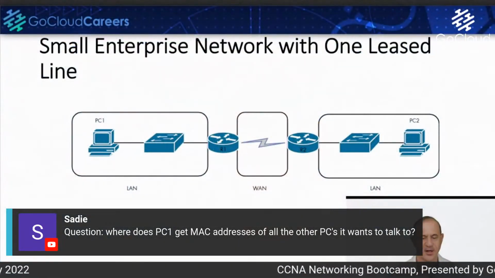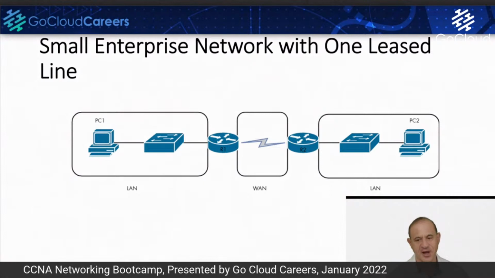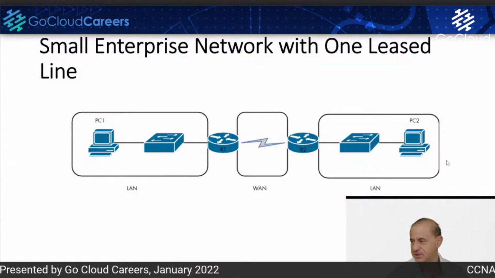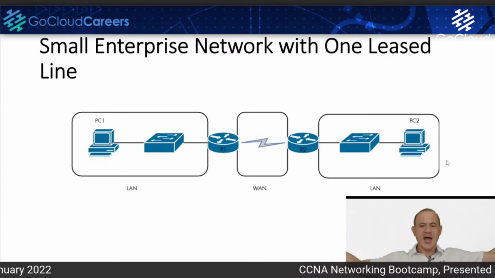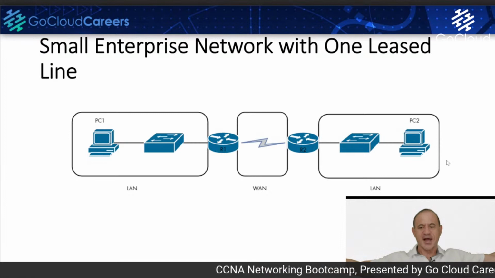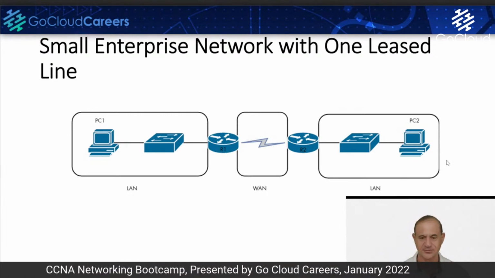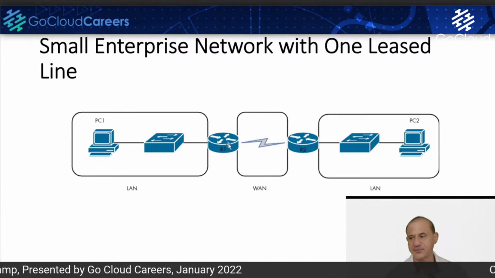PC1 looks in its routing table and sees router 1 has the route to PC2. So PC1 says, ARP, everybody out there, who has the MAC address for PC2?